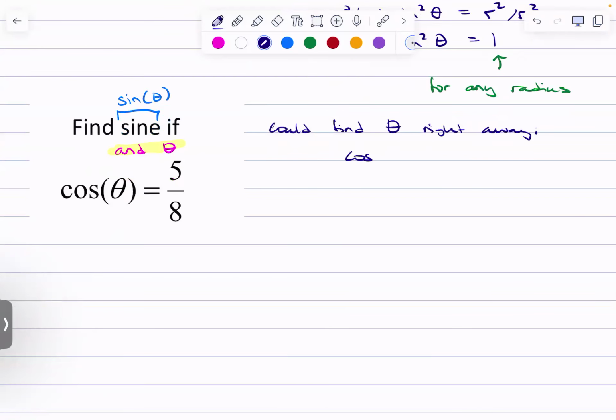Since the cosine of theta is 5 over 8, then theta must be the inverse cosine of 5 over 8. Inverse cos of 5 over 8, I get a theta of 51.3178 degrees-ish.